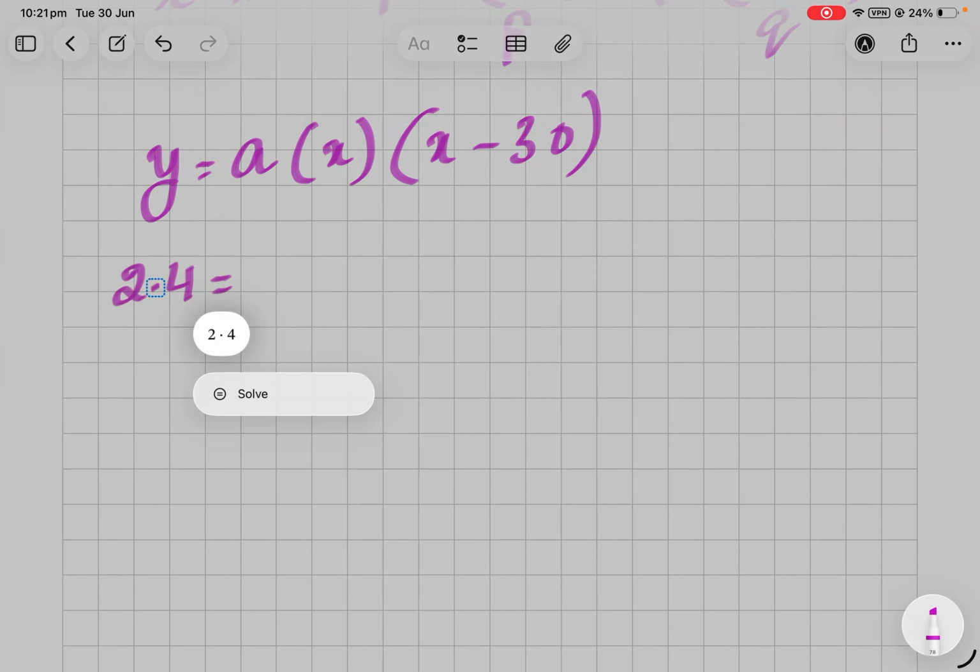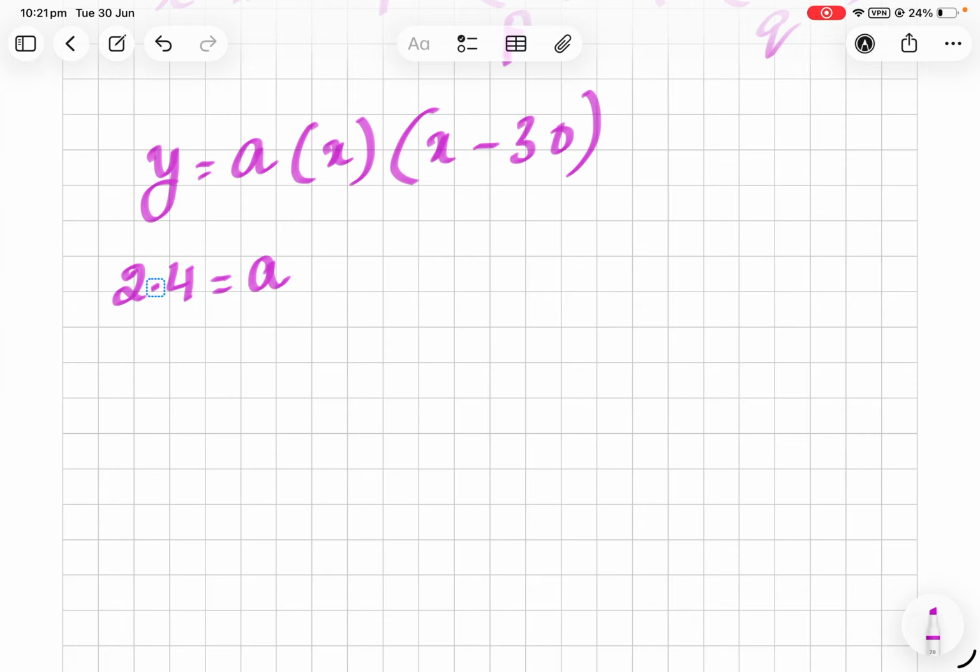We don't know our leading coefficient yet. Your x value at that location is 15, and this is 15 minus 30.